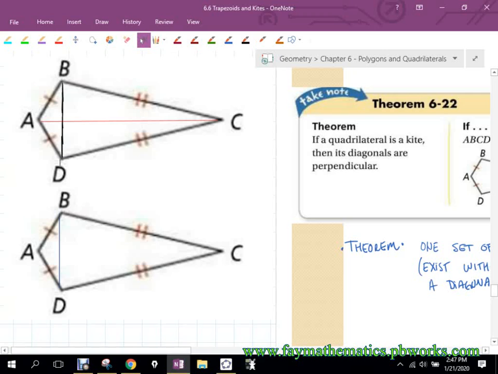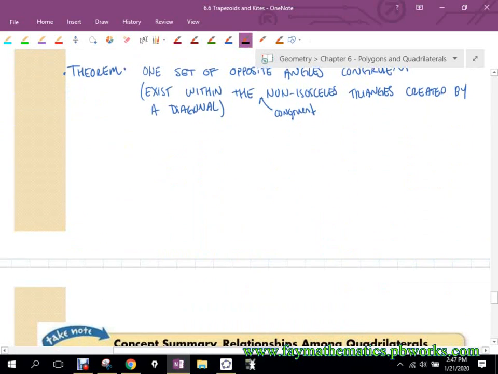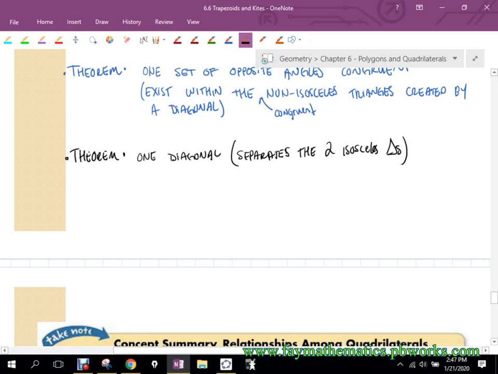So I'm going to write another theorem down here: one diagonal, and it'll always be the one that separates the two isosceles triangles, will be bisected by the other diagonal.